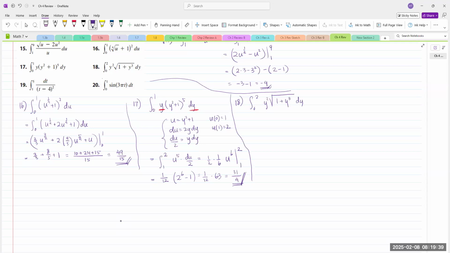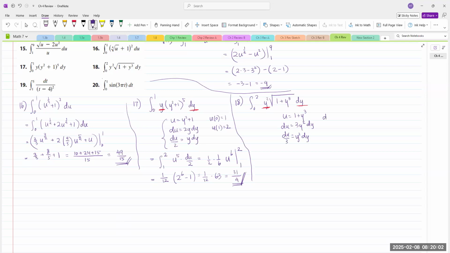Inside the radical, it's not integrable, so I substitute. U equals 1 plus y cubed. Du is 3y squared dy. So our y squared dy later on, because I see that, right? This is our y squared times dy. Later on will be replaced by du over 3.